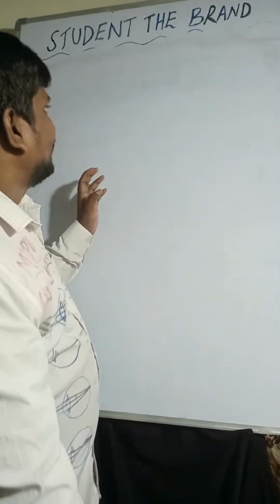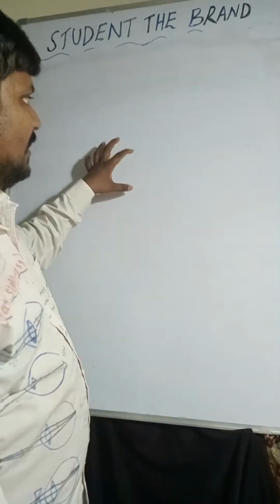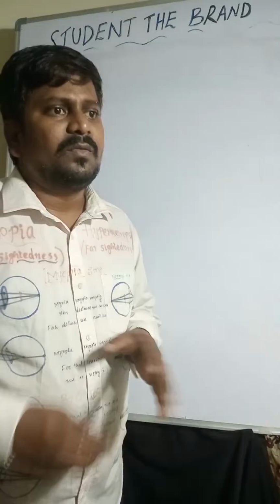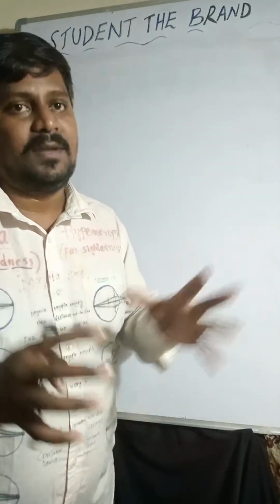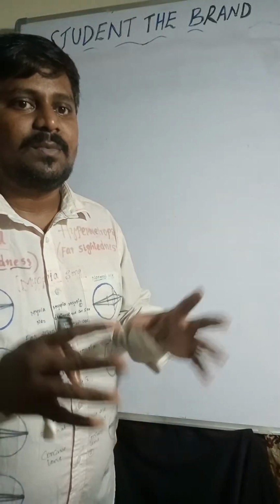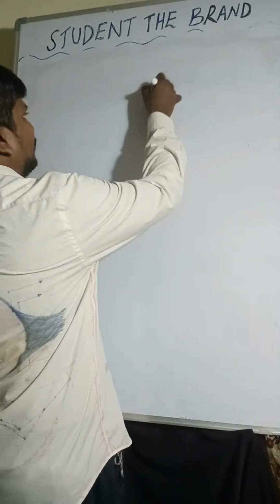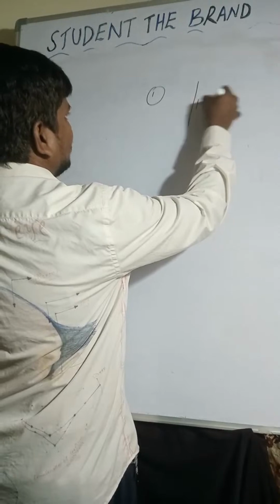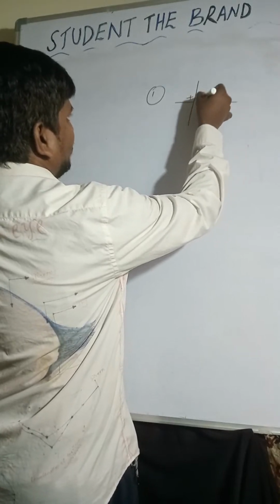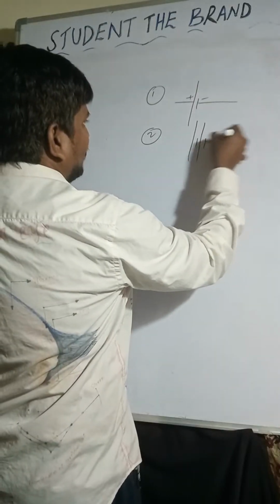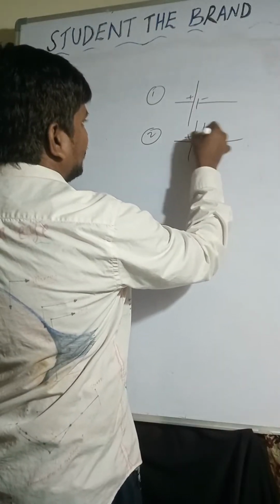Okay, done. I hope it is very clear. Just now I explained about electric current. Now we will discuss electrical appliances. First one is the cell, with positive terminal and negative terminal. Coming to the battery, positive terminal and negative terminal.